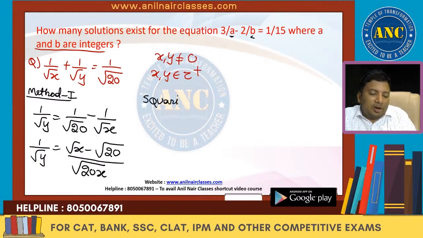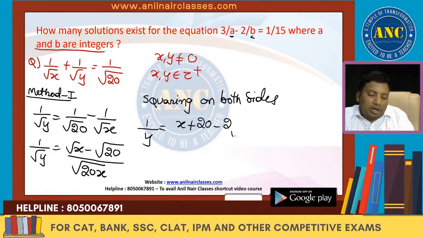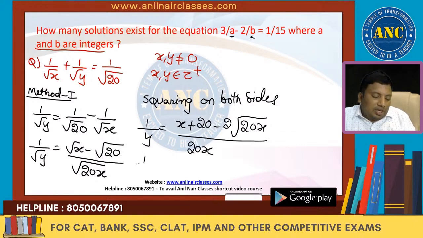If I square both sides, the answer is 1 by y, a minus b whole square, a square plus b square minus 2ab, divided by 20x. This is nothing but 1 by y equivalent to x plus 20.